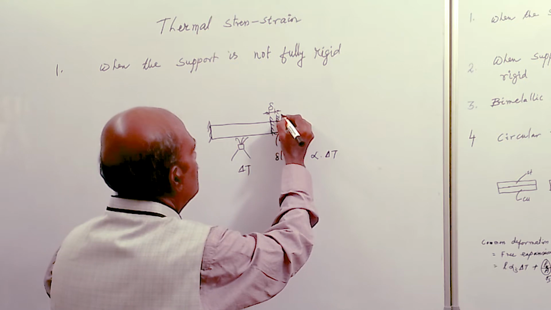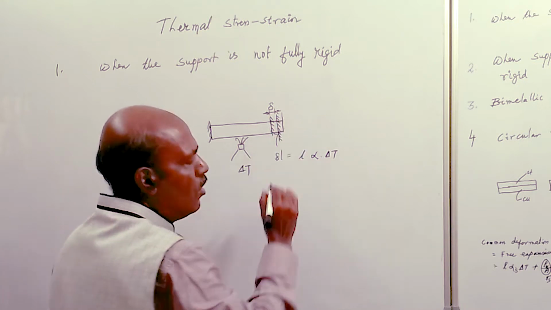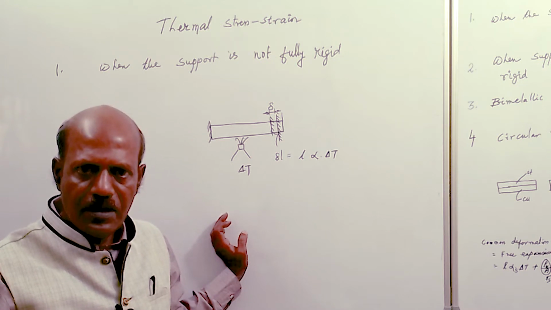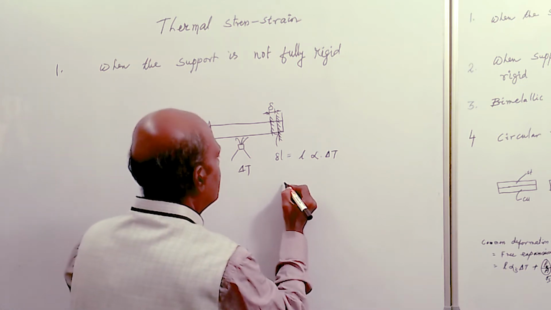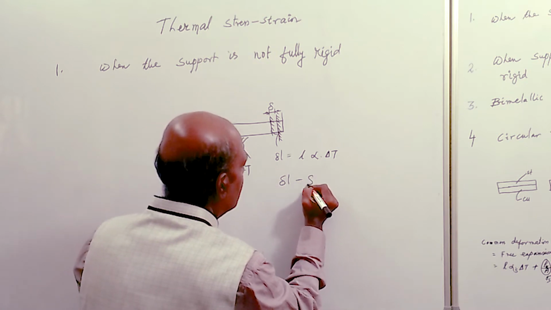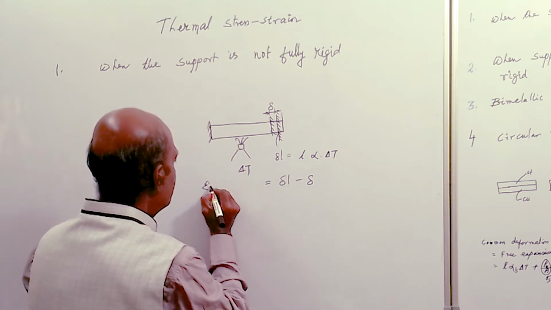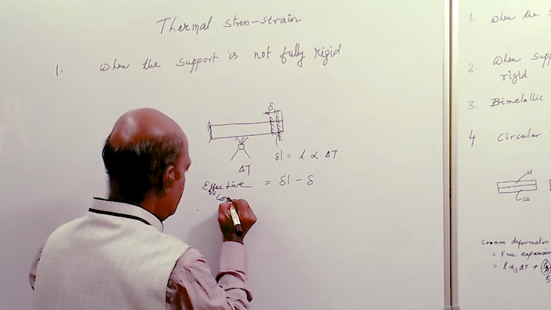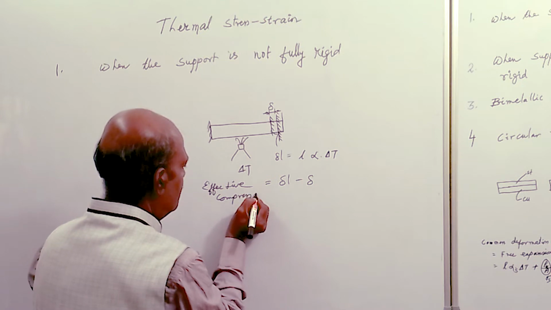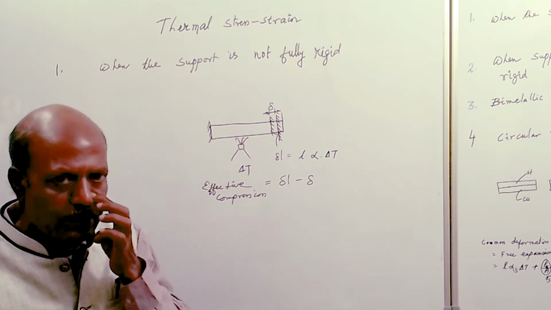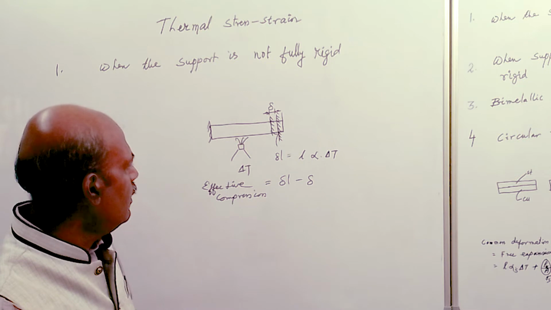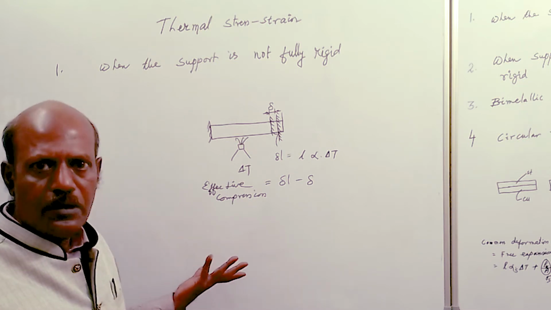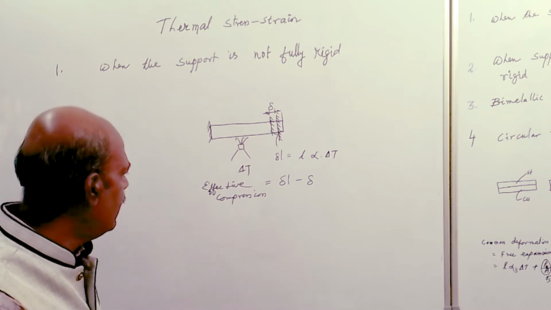So that expansion, or we can say the effective contraction of the member, is given by delta L minus delta, the effective compression. So the effective compression of the member is given by delta L minus delta, and the original length of the member we know as L.